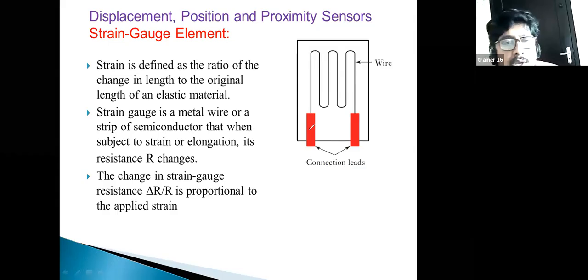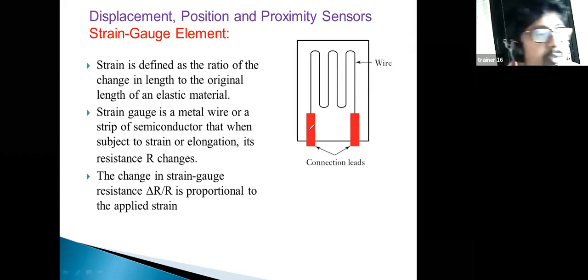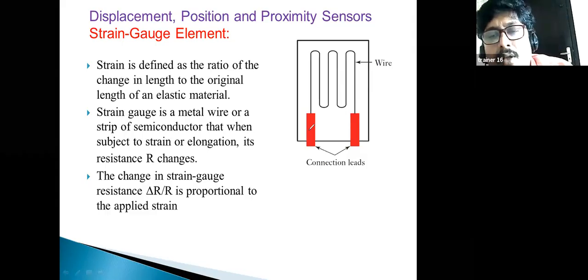So here the resistance changes. Just remember, at one end of the cantilever you are adding weights. Do you remember? If you look at that box, on top of the box it is clearly written Wheatstone bridge. Do you understand or not?